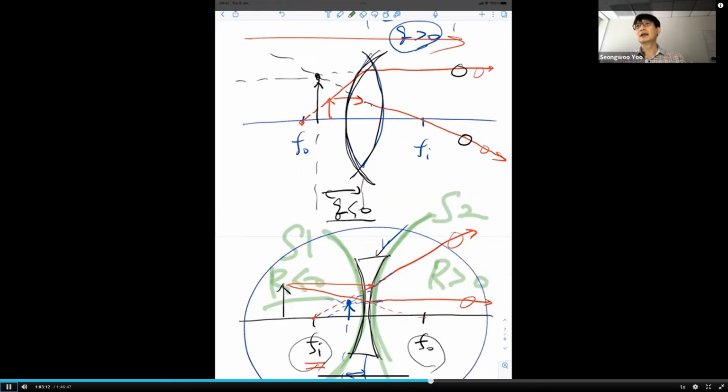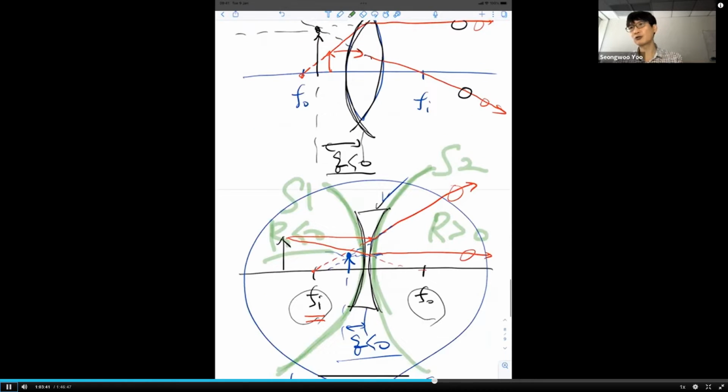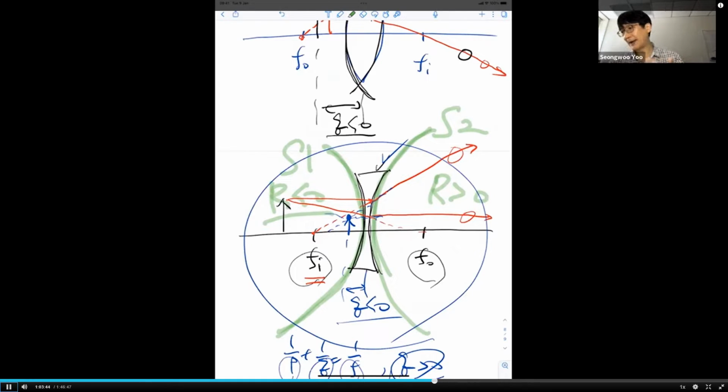I have 1 more question. Can I ask what the focal point for the object and the focal point for the image should be representing? For now, I understand I should assume the focal point for the object should be on the same side as the object for the converging lens and the opposite for the diverging lens. So your conclusion is correct. Those focal points are determined based on the curvature of the surfaces.